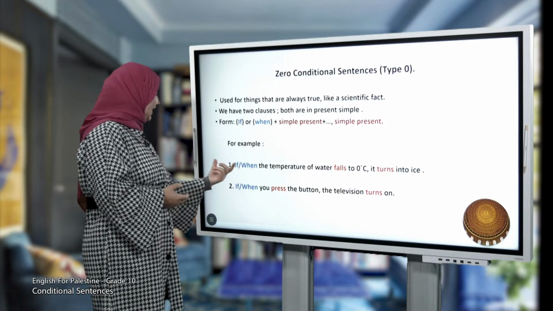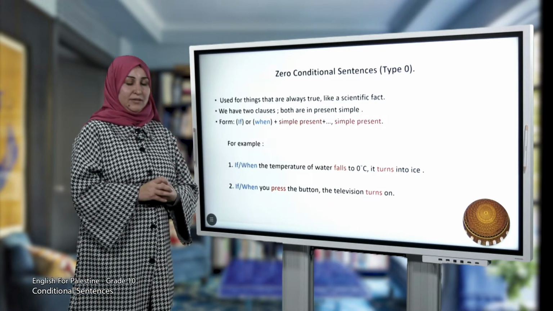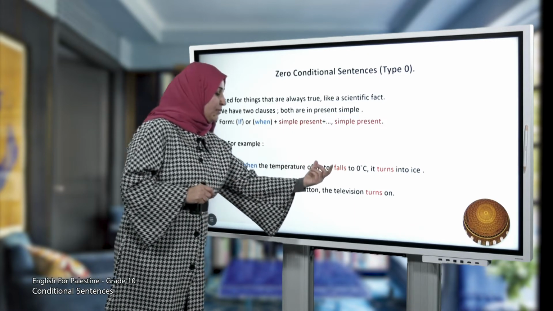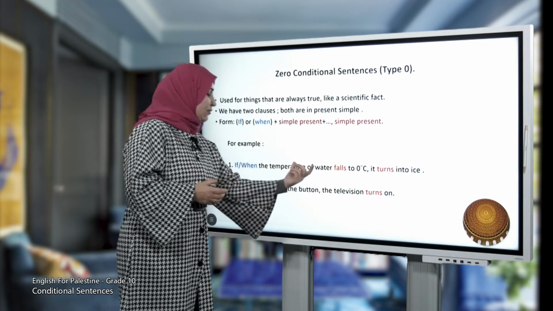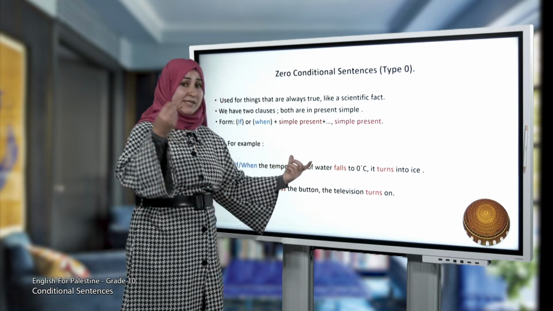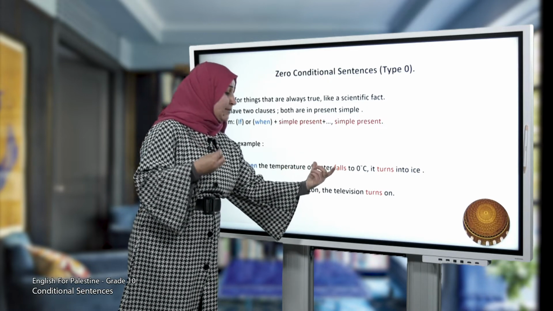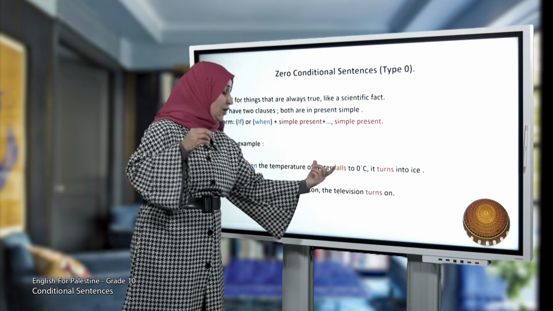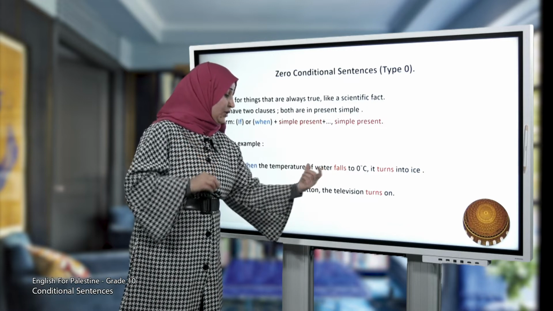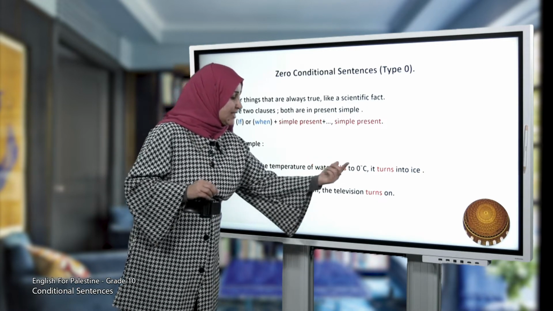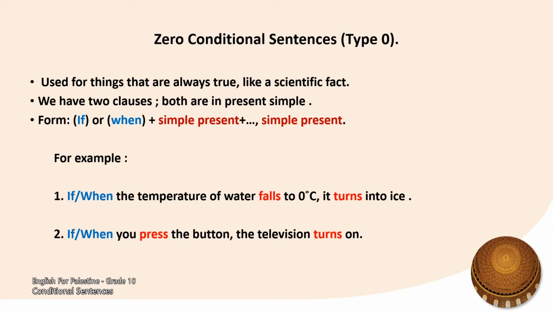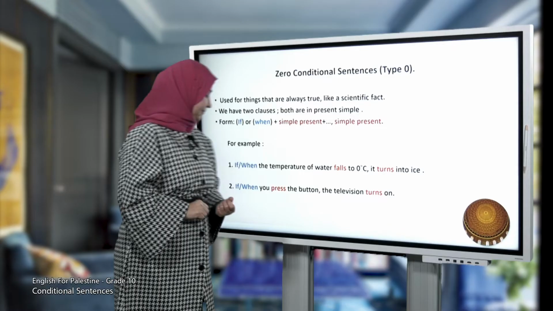Now, we have if or when. Then, the verb of the first clause is falls because the temperature of water is singular, and the verb of present simple must also be singular, so we use falls. The second clause, it turns into ice. Also, the other verb is simple present singular.